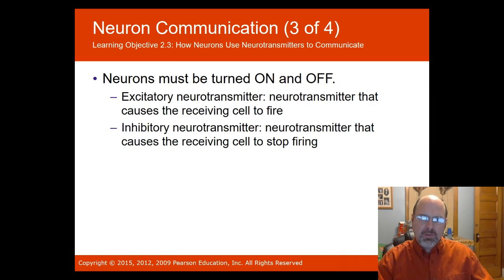Now, neurons must be turned on and off. The excitatory neurotransmitter is a neurotransmitter that causes the receiving cell to fire. An inhibitory neurotransmitter is a transmitter that causes the receiving cell to stop firing. So transmitters will either be excitatory or inhibitory.